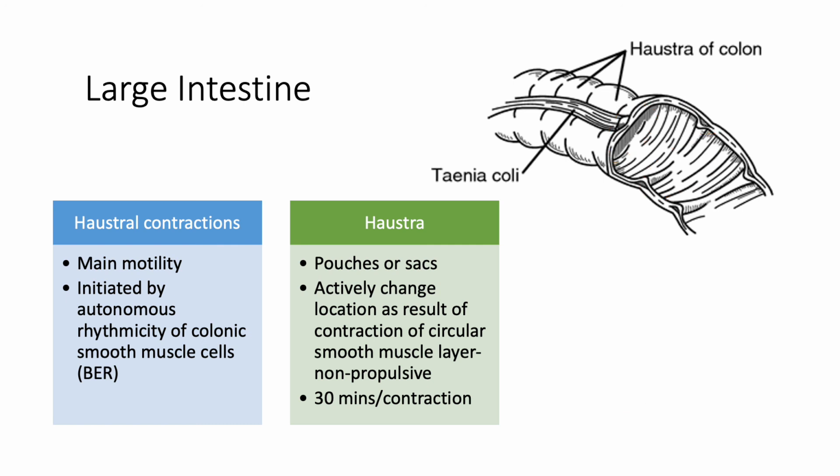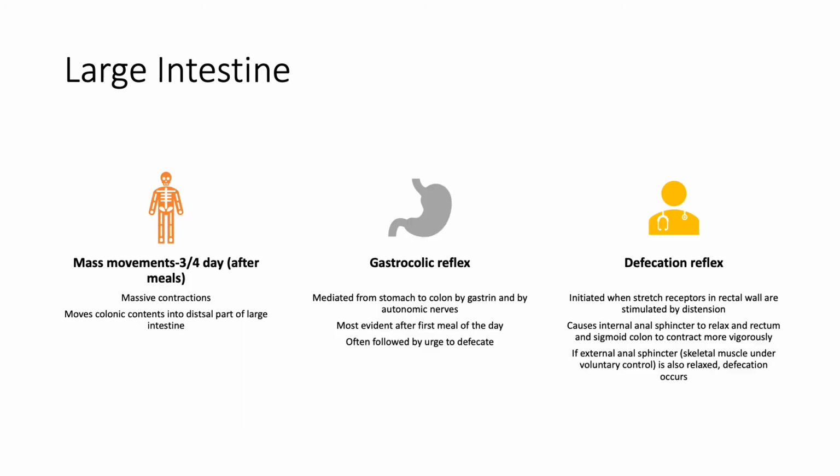These haustral contractions are the primary type of motility that we see within the colon. And just like the small intestine, they're initiated by pacemaker cells that give rise to this basal electrical rhythm. If haustral contractions aren't propulsive, how then do we drive the feces forward to defecate?